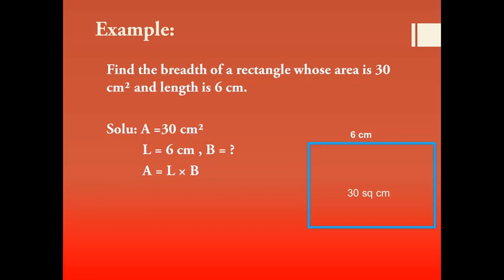Area of rectangle is equal to L into B. So, 30 square centimeter is equal to 6 centimeter into B. 30 square centimeter divided by 6 centimeter is equal to B. So we divide 30 by 6 and we find the answer, B is equal to 5 centimeter. So breadth of this rectangle is 5 centimeter.